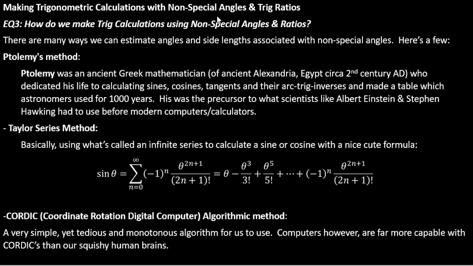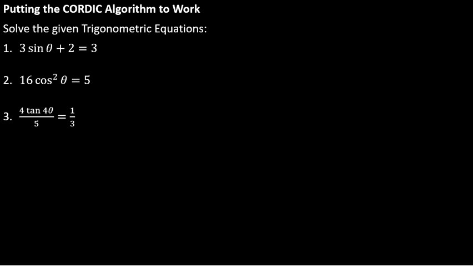Anyway, a very simple algorithm, at least for a computer, can get very highly precise calculations of what trig ratios and their inverses would be if you have a non-special angle or non-special trig ratio. It turns out that very algorithm is on your phones, in the calculators that you use on them.